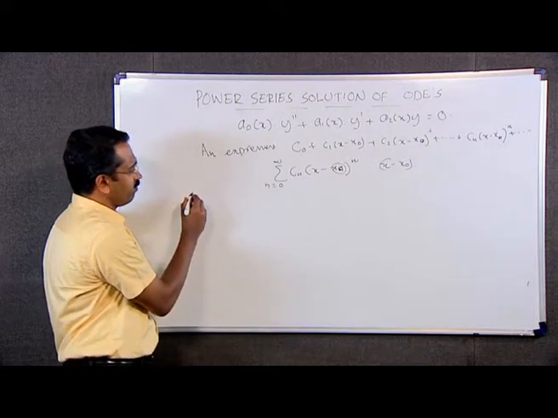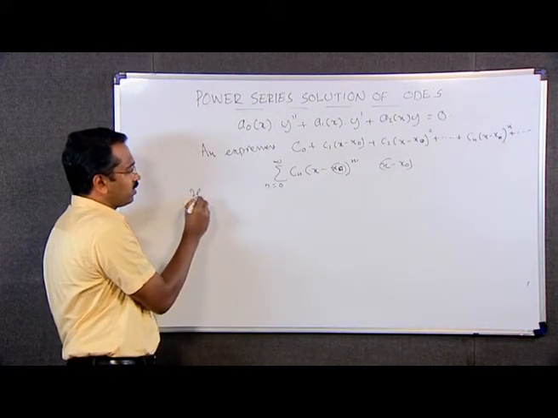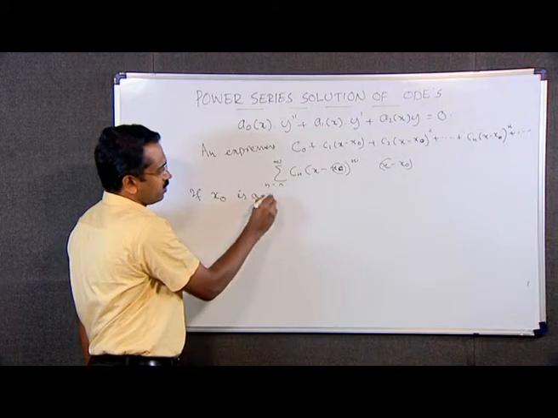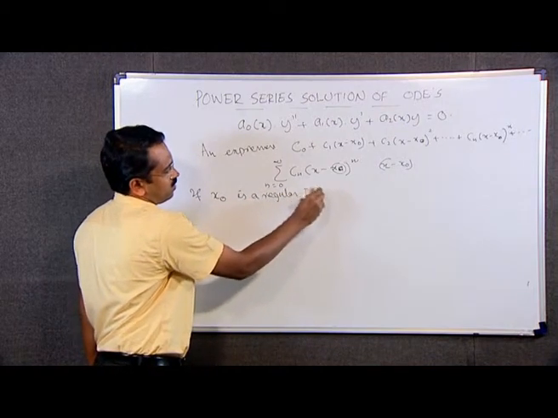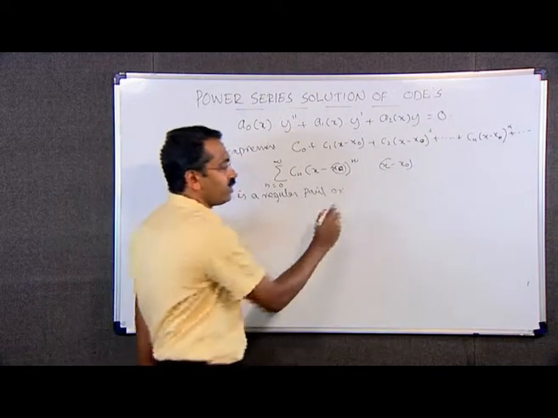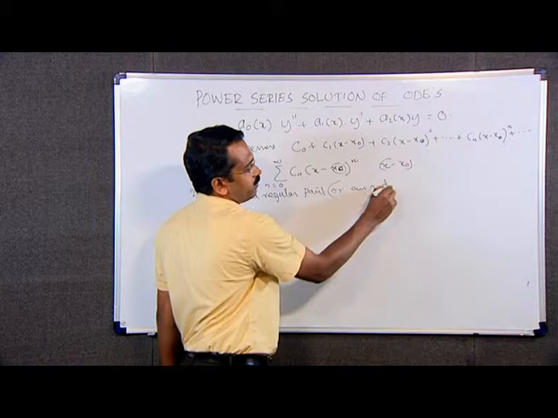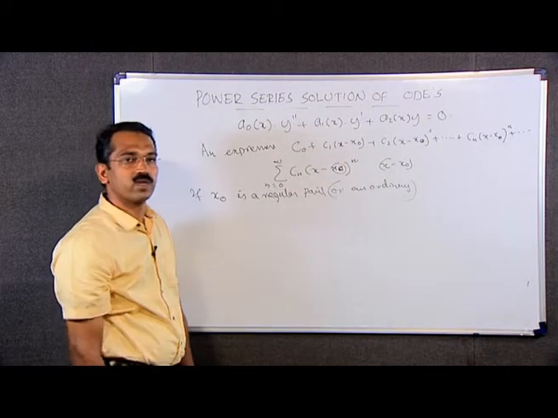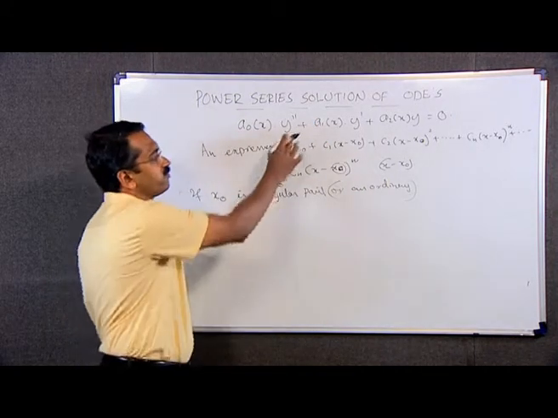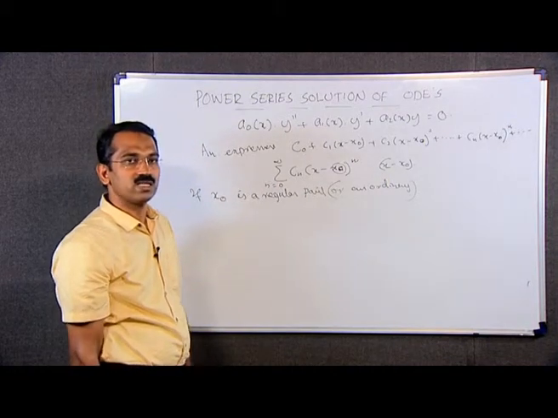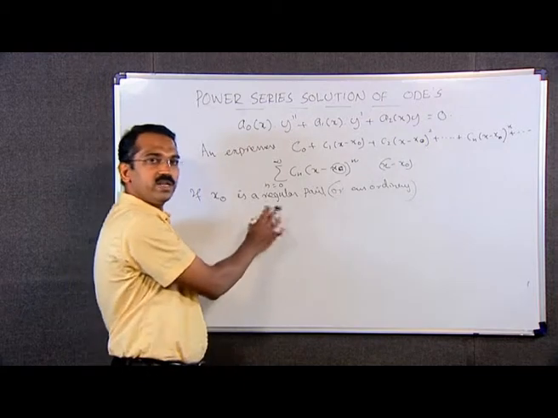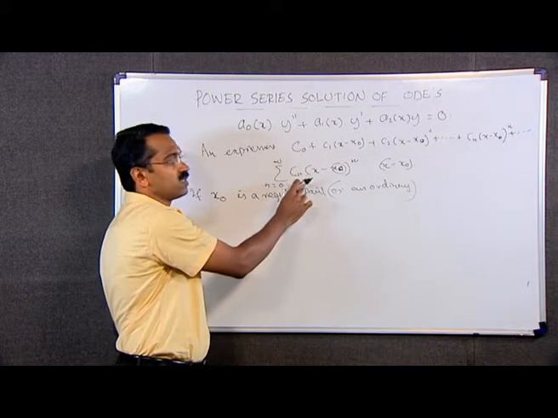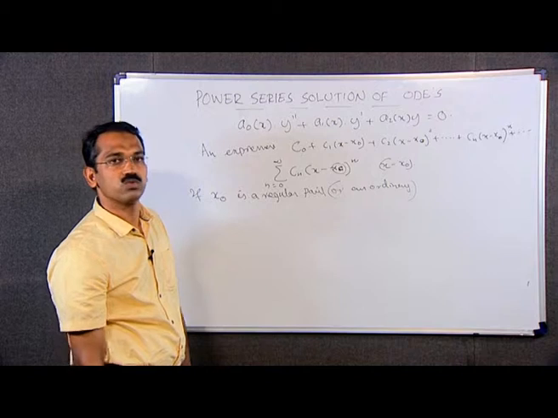Now, we have a theorem. If x0 is a regular point or an ordinary point of this differential equation, then a general solution of this differential equation is obtained as a linear combination of two linearly independent power series solutions of the form summation n varies from 0 to infinity cn (x minus x0)^n.